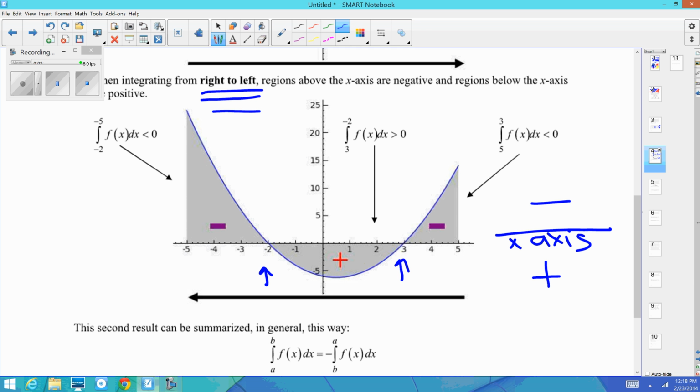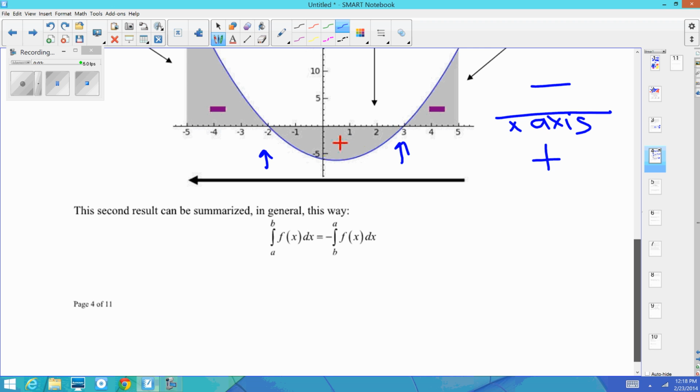So in general, if you integrate from right to left, it's going to be equal to the opposite of integrating from left to right. And from left to right, it's going to be the opposite of integrating the other way, from right to left.